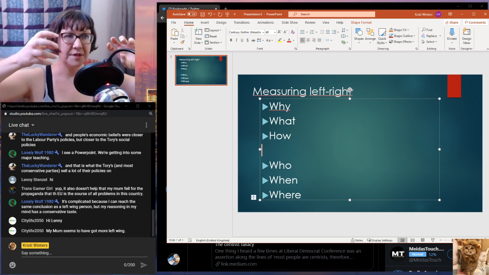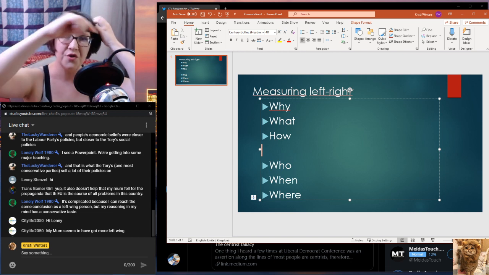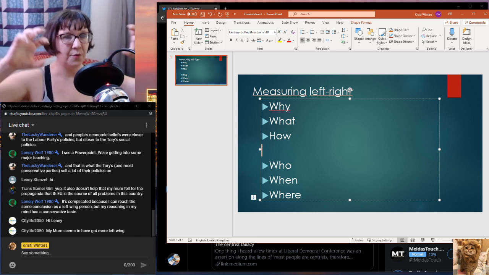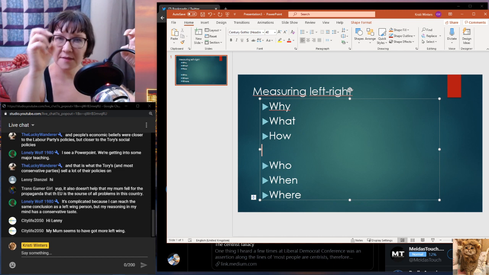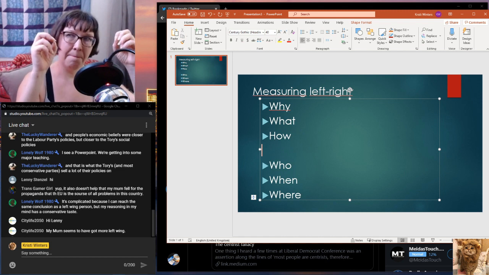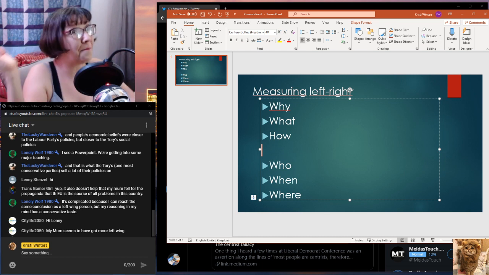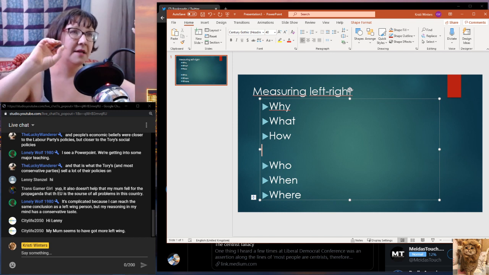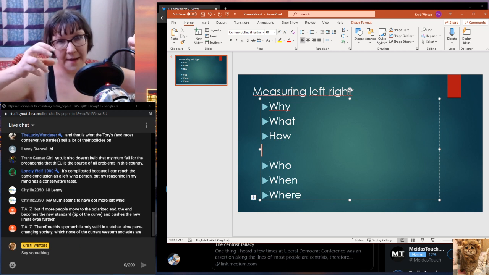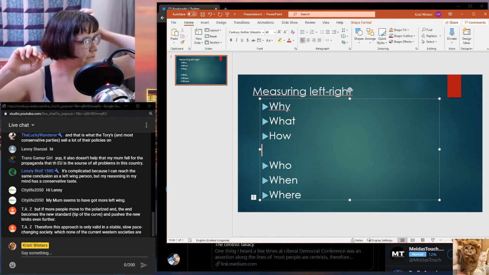When we put these left-right scales together, we're assuming that just like there's a yes-no to the death penalty, the opposite of capitalism is socialism. And if you're not a capitalist, you're a socialist. But is that right? Is that the best way to measure it? And should we really be putting these two things together? Or should we have a capitalist, not capitalist, socialist, not socialist sort of scale and decouple these?